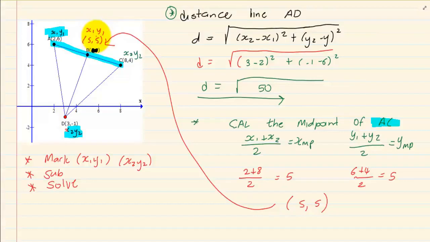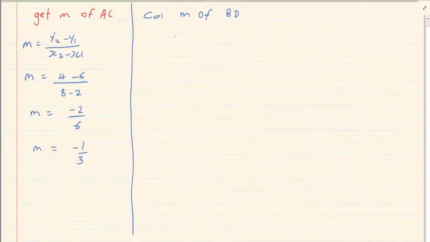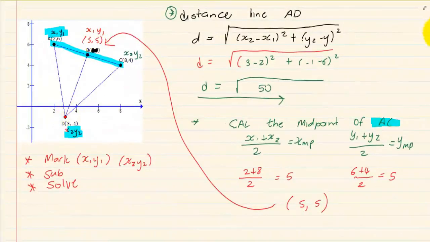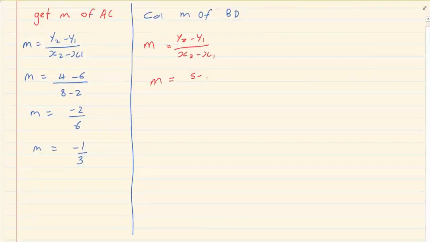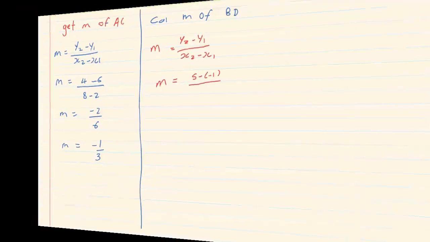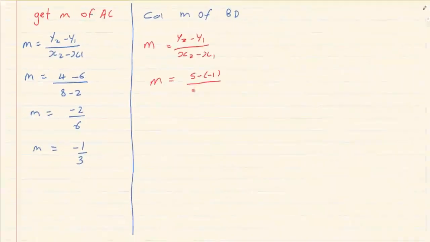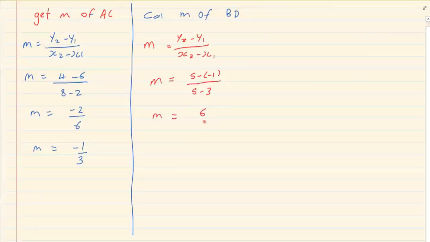Now we're going to substitute. So it will be, we know it's y2 minus y1 over x2 minus x1. So we have 5 minus minus 1 over 5 minus 3. So our m is equal to 6 over 2, which is equal to 3.